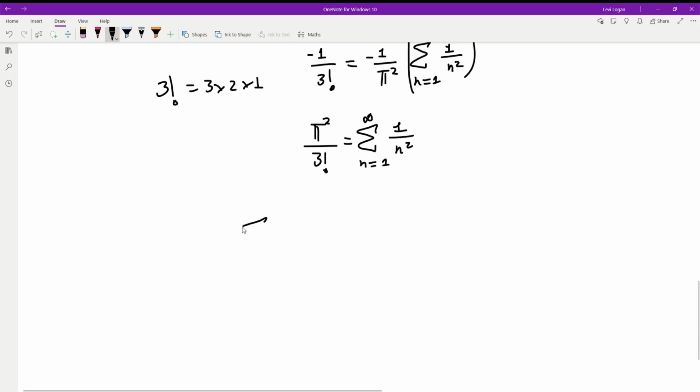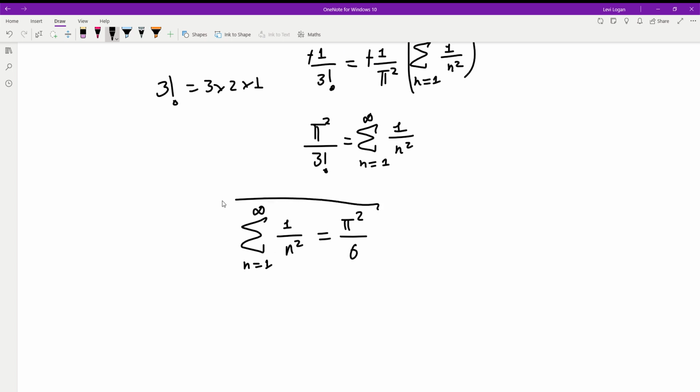So therefore the sum from n equals 1 to infinity of 1 on n squared is equivalent to pi squared on 6. The negatives cancel because I had a negative here and a negative here, so those became positive. Righto. That's my solution for the Basel function.